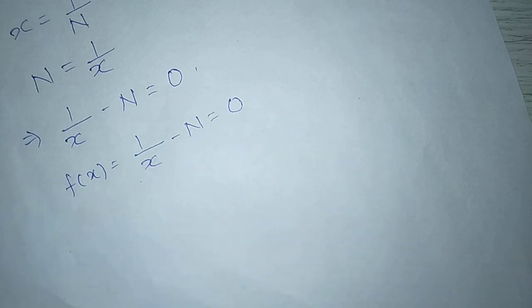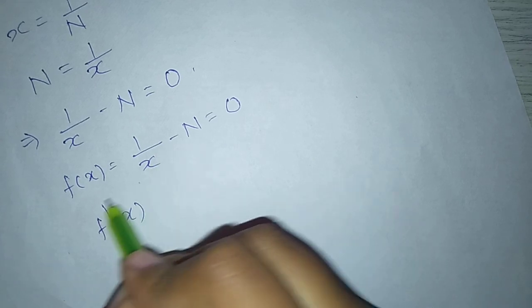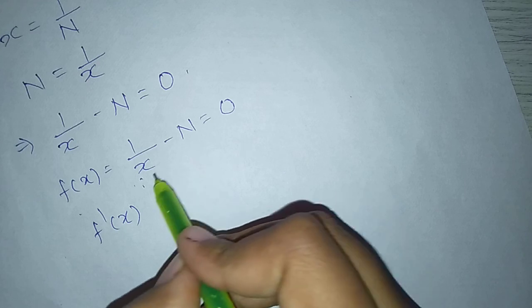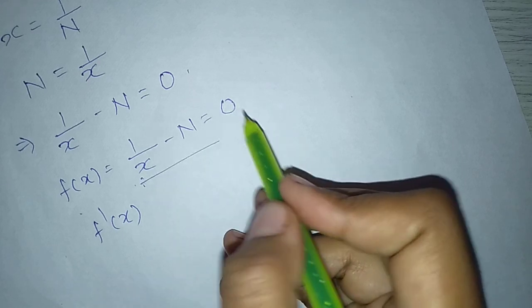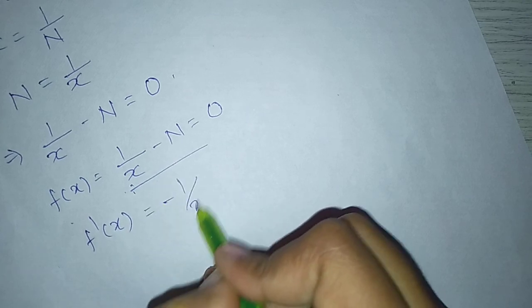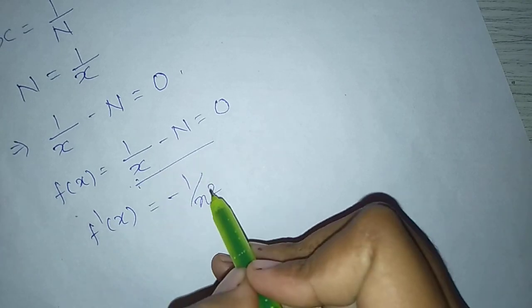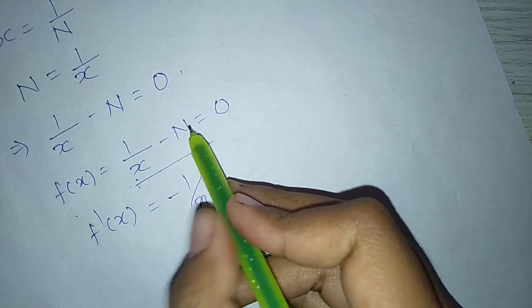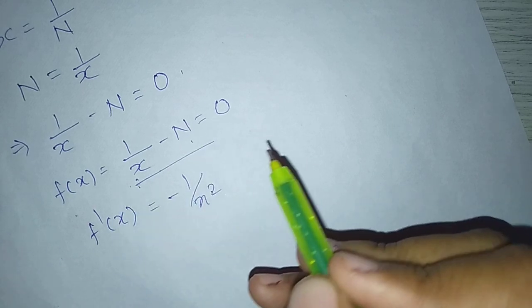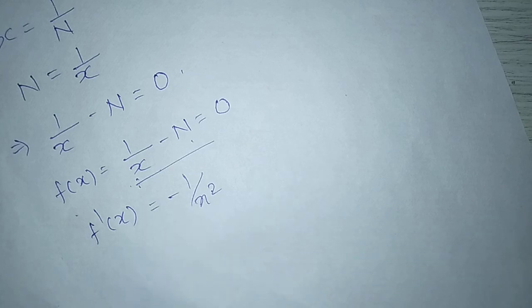Then f dash of x is minus 1 upon x square, since the derivative of 1 upon x is minus 1 upon x square and the derivative of a constant is 0. So f dash of x equals minus 1 upon x square.